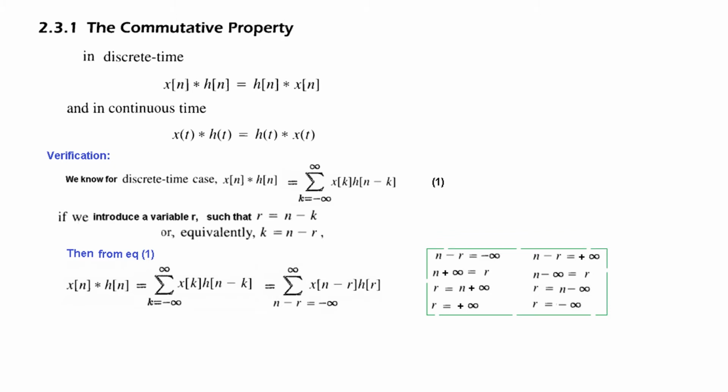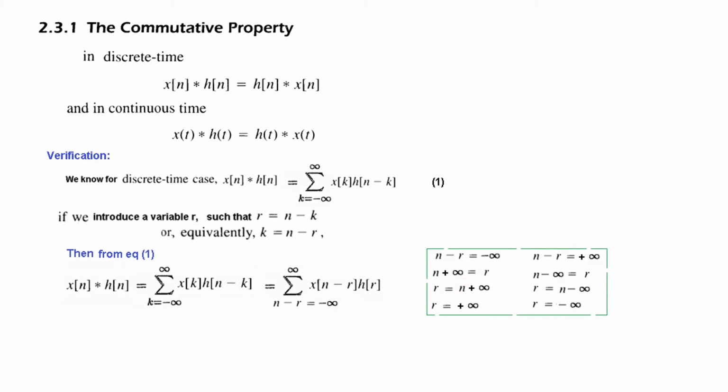Now if we see this, when n minus r is minus infinity, if you bring the infinity to the left hand side and take r on the right hand side, then n plus infinity is equal to r, or you can say r is equal to n plus infinity.